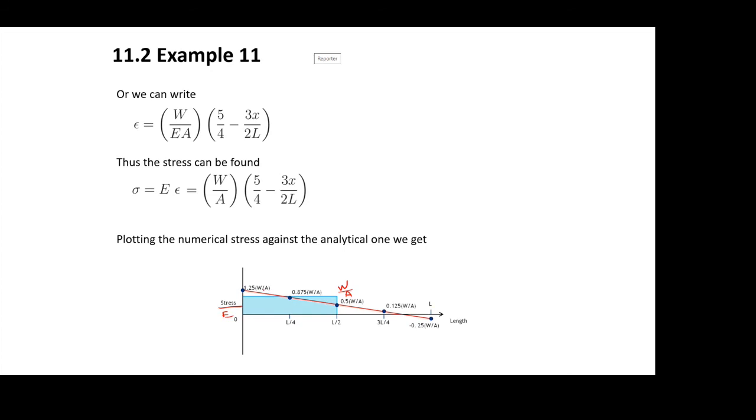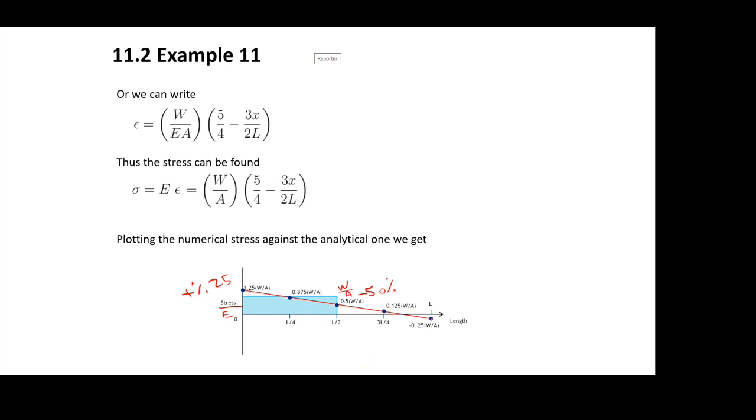Now, if you look into the finite element method, the finite element method is trying to fit this rectangle here using this line. Now the line is trying to match the rectangle to the best it can, but it is going to miss the exact stress, miss the maximum stress by 25% extra at this end, and by mid-length is going to miss 50% of the stress by underestimating it.